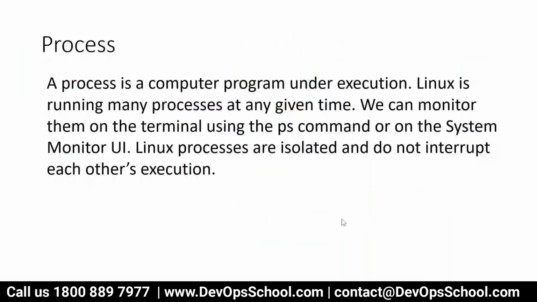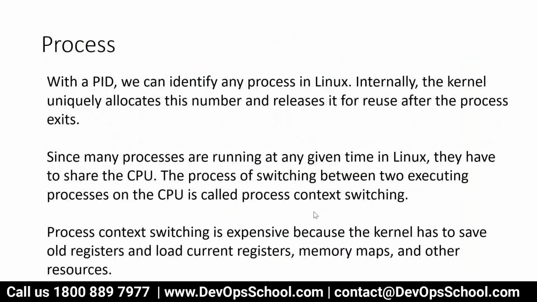So here again, same thing I was talking about: the process of switching between two executing processes on the CPU is called process context switching. Process context switching is expensive. Mind it, it's expensive because the kernel has to save old things.